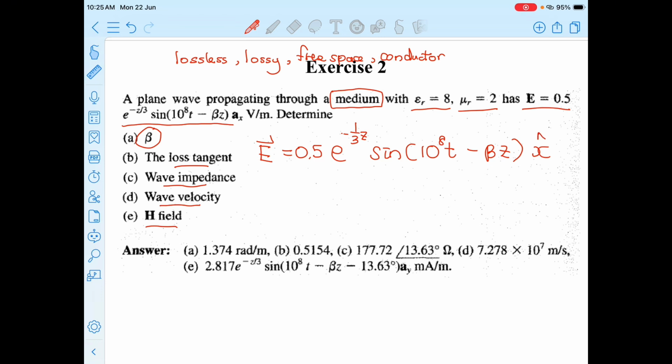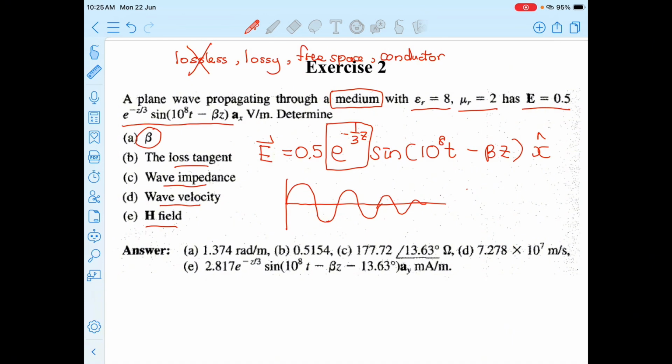I think you see these terms. What does this term mean? This term is telling you that the amplitude of 0.5 will reduce gradually as it passes through the medium, slowly and slowly. So this shows that this plane wave is not propagating in a lossless medium.